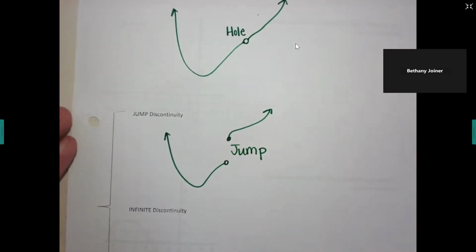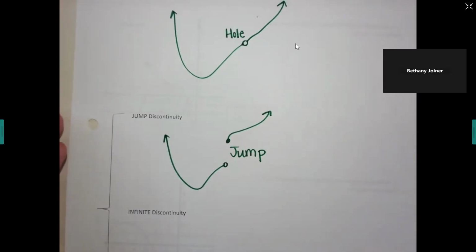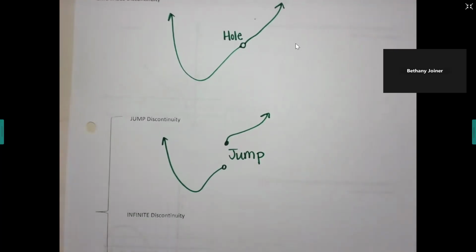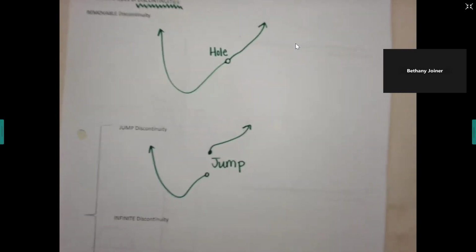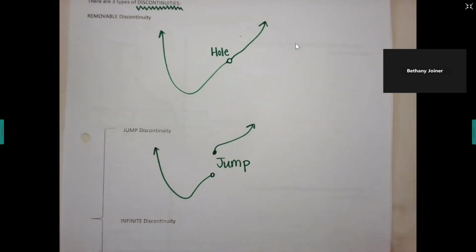Now, let's talk about the difference between those 2 before we go on to the 3rd type. For which of those discontinuities does the limit still exist? Hole, or removable.